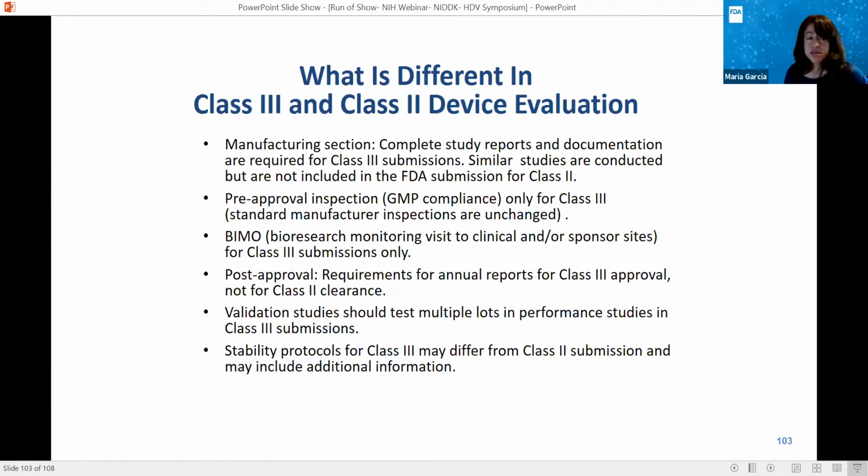There is the BIMO, bioresearch monitoring visit, of clinical sponsor sites, which is performed for class 3 devices, as well as post-approval requirements, including annual reporting, and validation studies should test multiple lots for class 3 devices. Stability protocols for class 3 may also differ from class 2 devices and may include additional information as well.